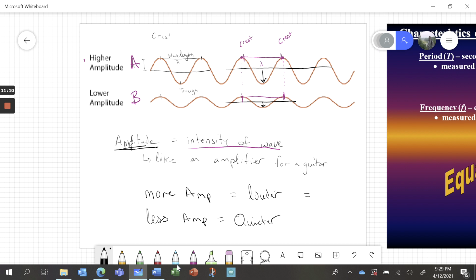If you were talking about light, more amplitude is brighter, whereas less amplitude is dimmer. Okay? So depending on what type of wave it is, the amplitude can change, and that gives you different properties.